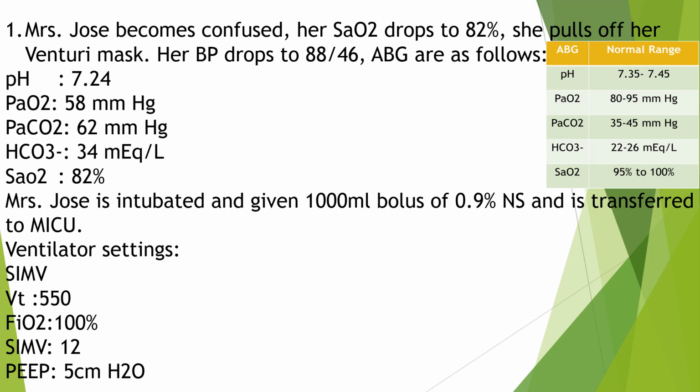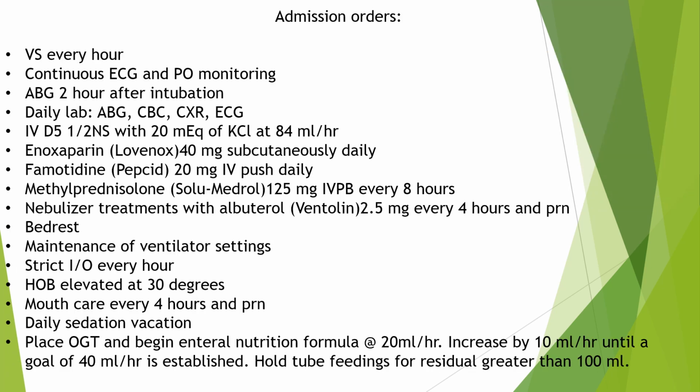So let's see what is being advised for this patient more. The admission orders. These orders are not only for this particular patient, Mrs. Jones, but when a patient is on a mechanical ventilator, most of these orders will be there. So you need to think why these orders are there, because there is some need for the patient.